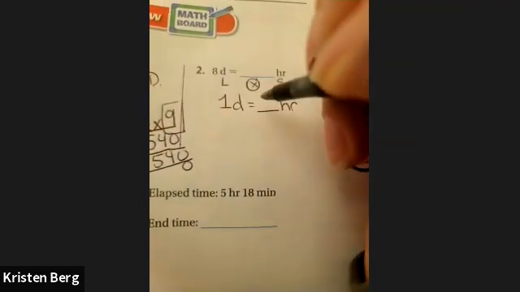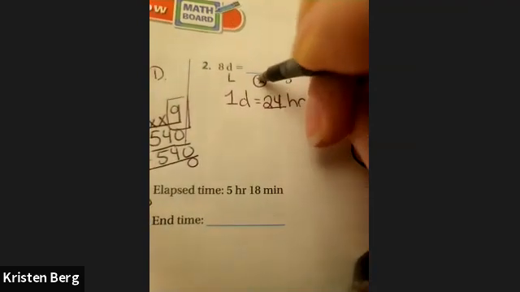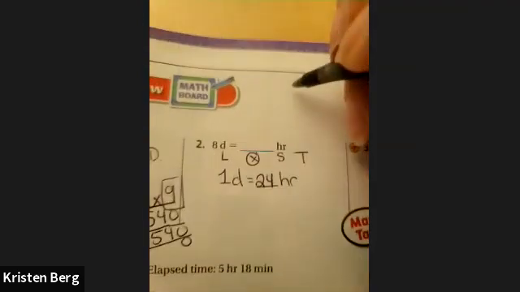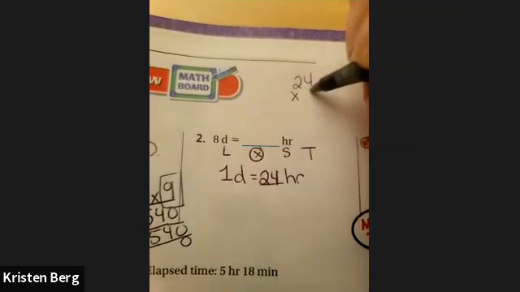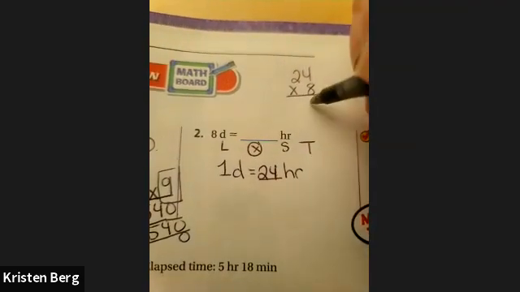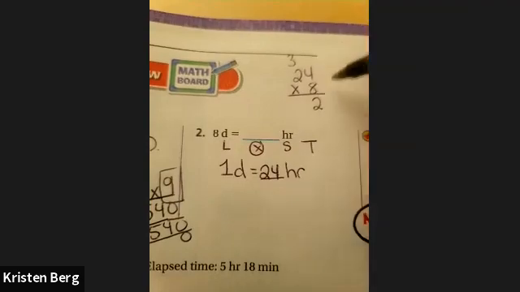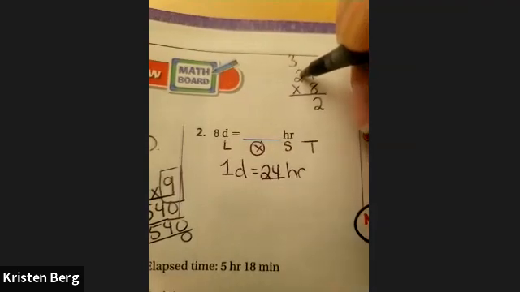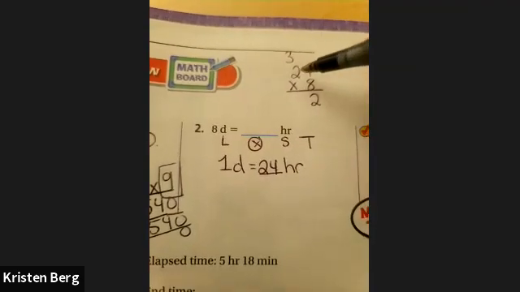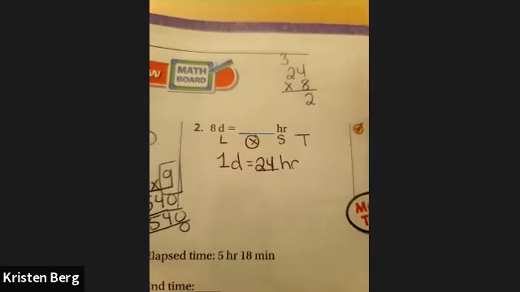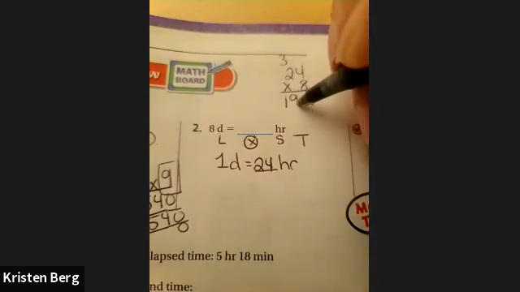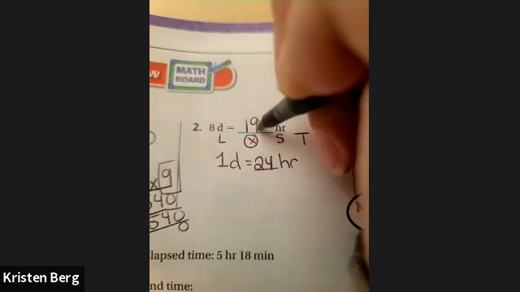So therefore, I'm going to do 24 times 8. 8 times 4 is 32. Carry your 3. 8 times 2 is 16 plus 3 is 19. So that would be 192.